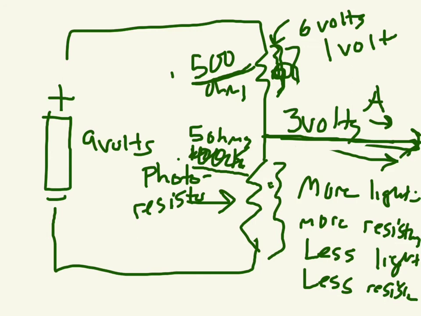A voltage divider is extremely helpful for measuring things like this. Because, let me just show you one more thing. If you only had 1 resistor in your whole circuit, then all the voltage is going to drop over that resistor.